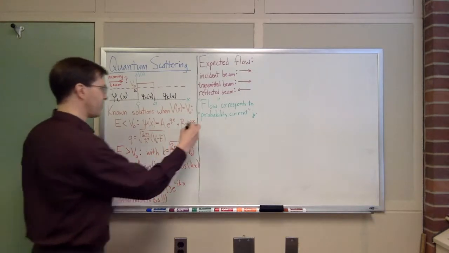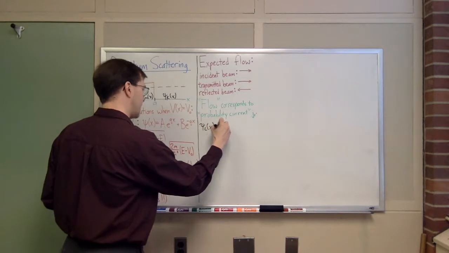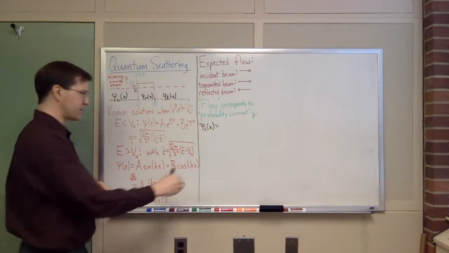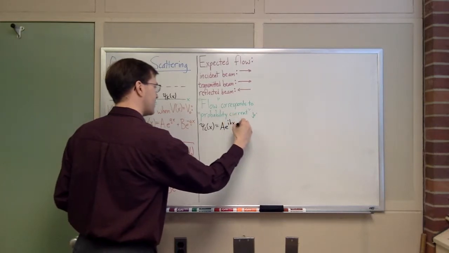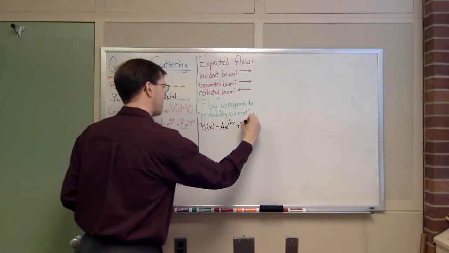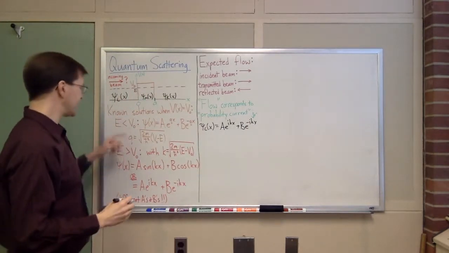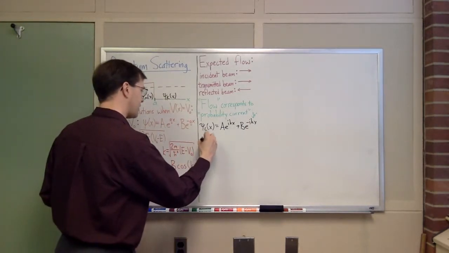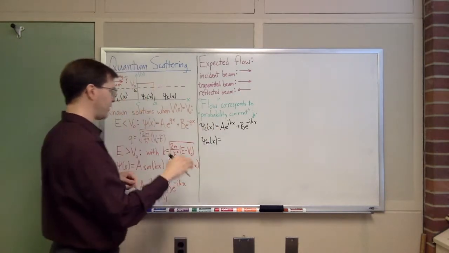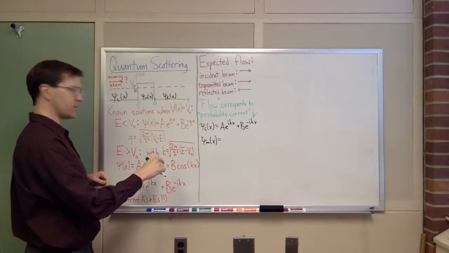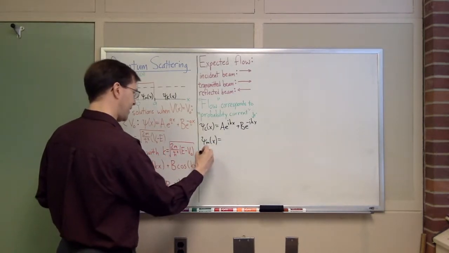Well, psi left of x is going to be exactly this, the exponentials here. I'll call it a e to the ikx plus b e to the minus ikx. That's my psi left function. Psi middle, let me give coefficients in a second.